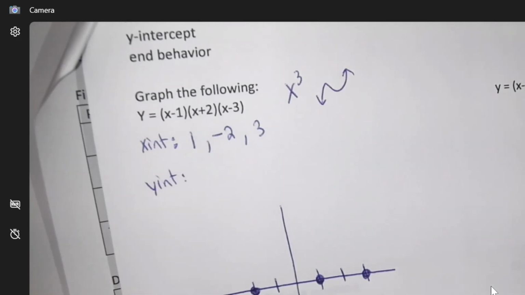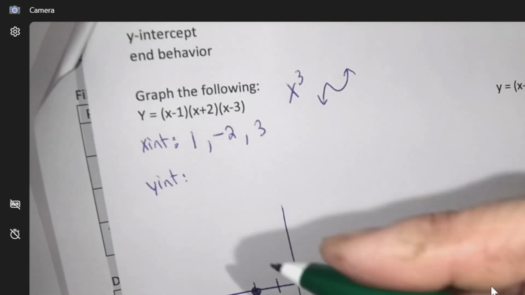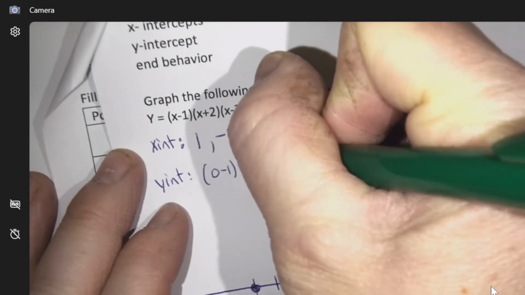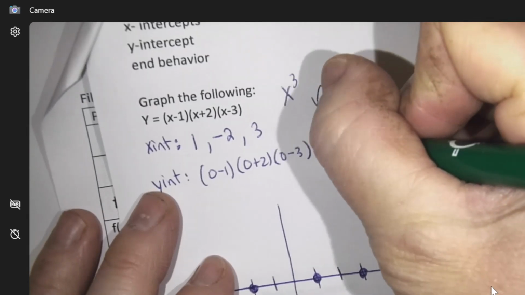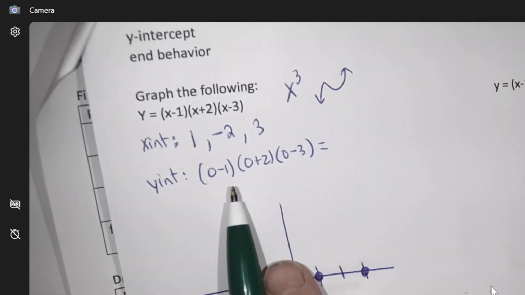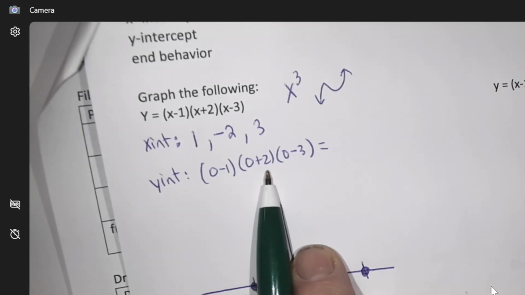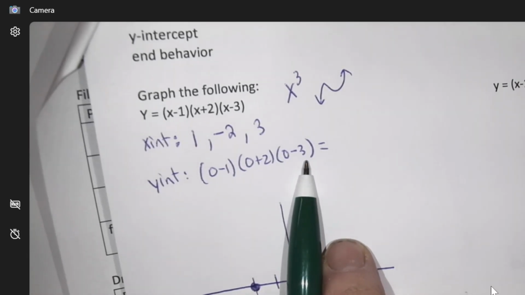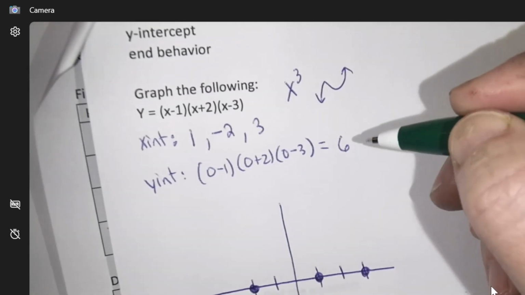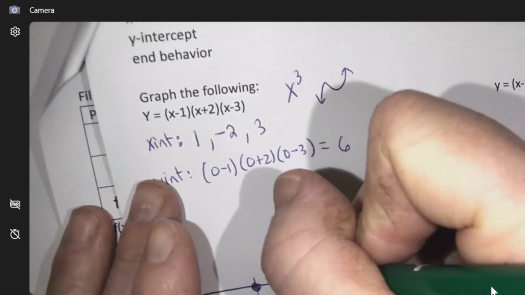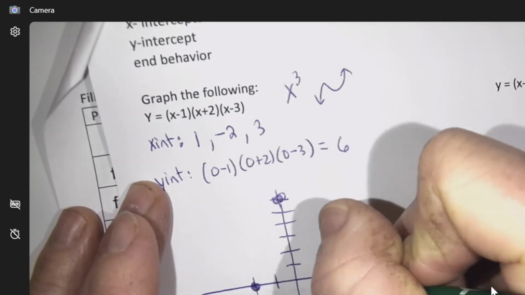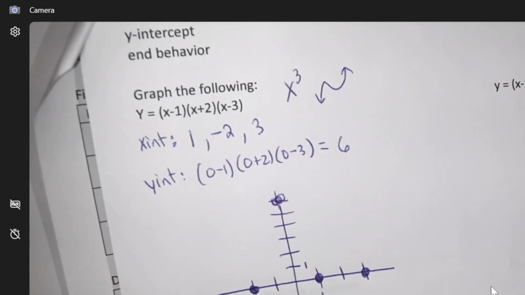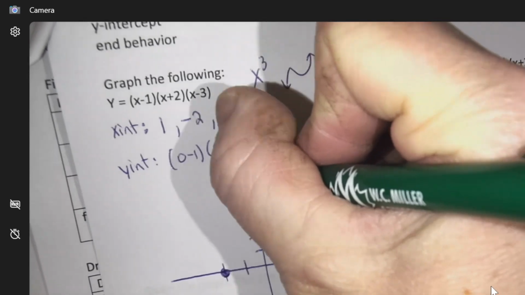What is the y-intercept? What does a y-intercept mean? If x is 0, so what is 0 subtract 1 times 0 plus 2 times 0 minus 3 would equal? So what's -1 times 2 times -3? Did you get a 6 out of that? Okay, so there's my intercepts.